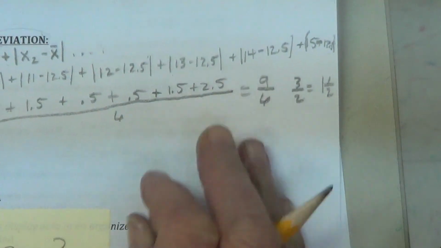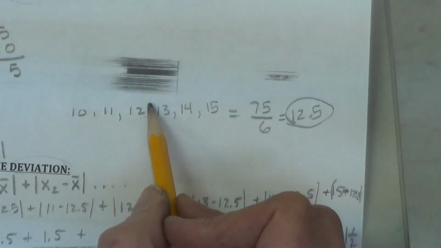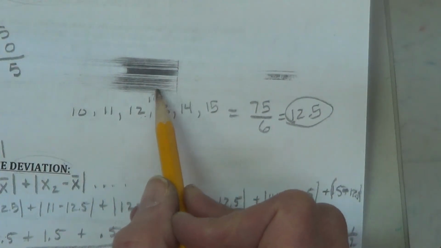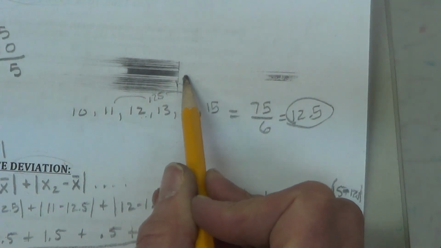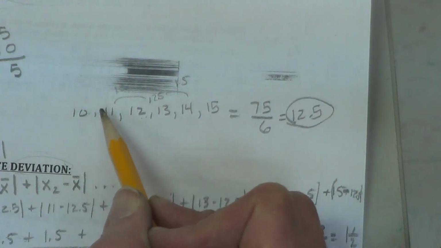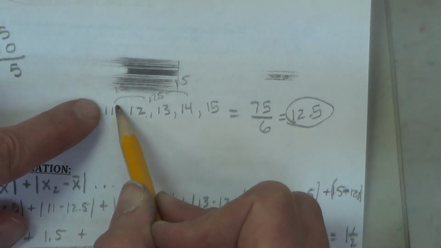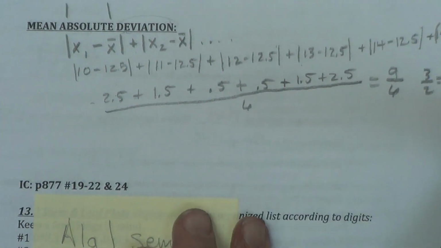So in other words, the average amount that they're spread out from the mean, being 12.5, is 1.5. If you think about that, this one being a half and this one being 2.5, they round each other off to being about 1.5. So that's what we mean by mean absolute deviation.